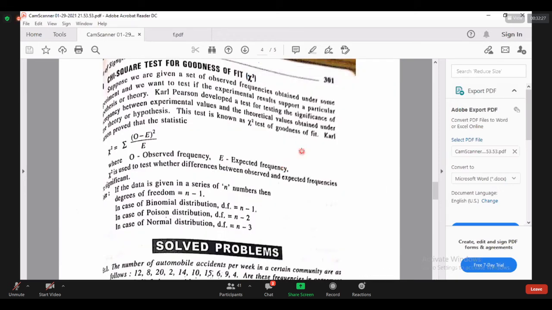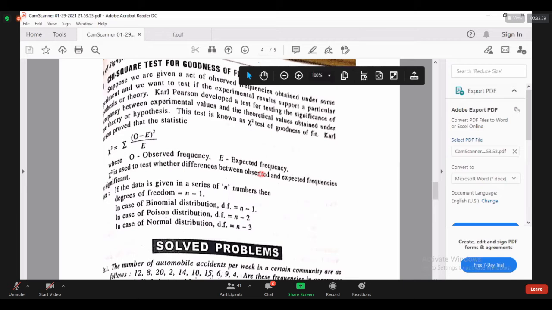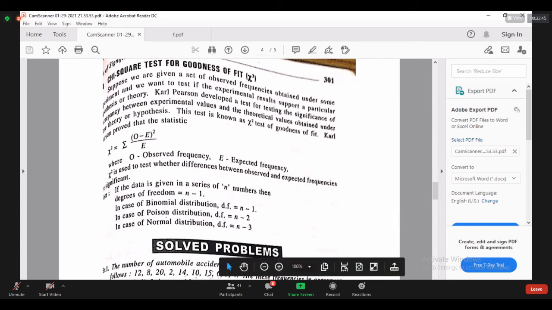Now this is about the F test, and one more test is there, the chi-square test. Chi-square test for goodness of fit.